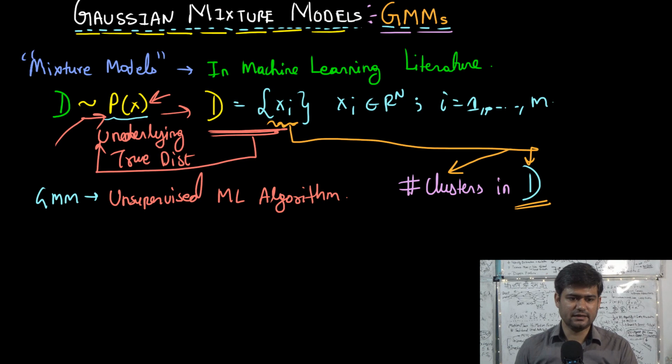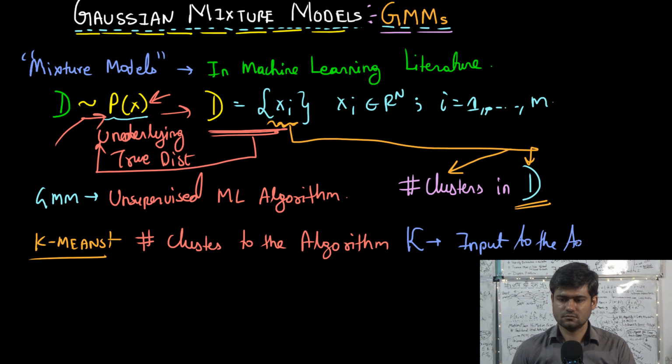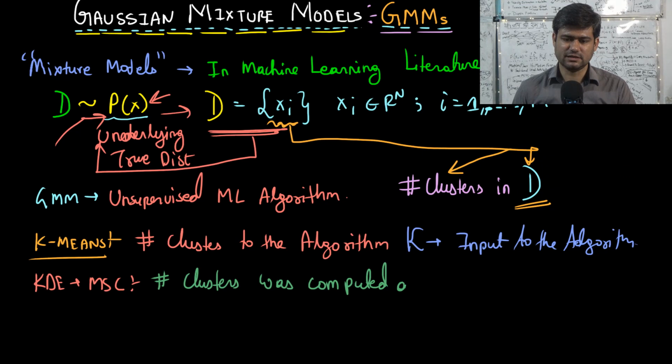In the k-means clustering algorithm, we had to specify the number of clusters k to the algorithm as an input, whereas in the mean shift clustering based on kernel density estimation, the number of clusters was computed automatically.